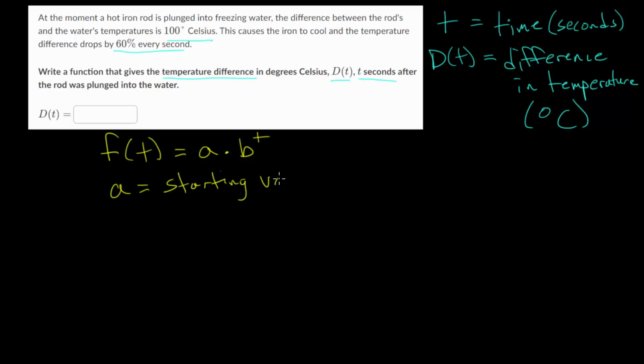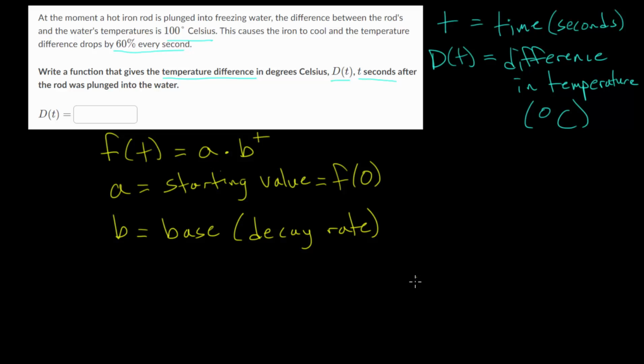Since if you plug in t equals 0, notice that you get b to the 0, which is 1, multiplied by a. So 1 times a is, of course, a. And b, that's what we call our base. And since all of these problems are going to be dealing with decay, this is our decay rate, how much it's dropping by from 1 second to the next.